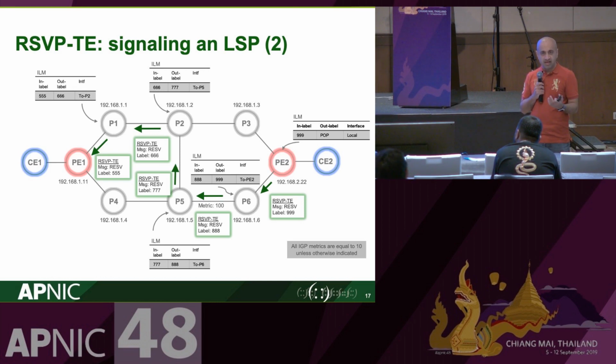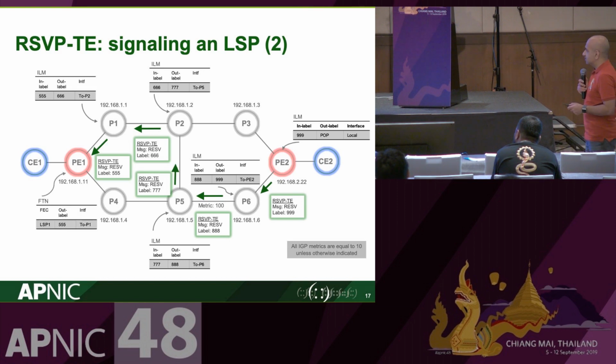So the more tunnels you have, the more labels you'll use. The second thing is that all of these nodes in the middle here, right, P1, P2, P5, P6, have to keep state about every tunnel. They have to be aware of every tunnel. And that becomes a real issue with scaling RSVP-TE, as we'll see.